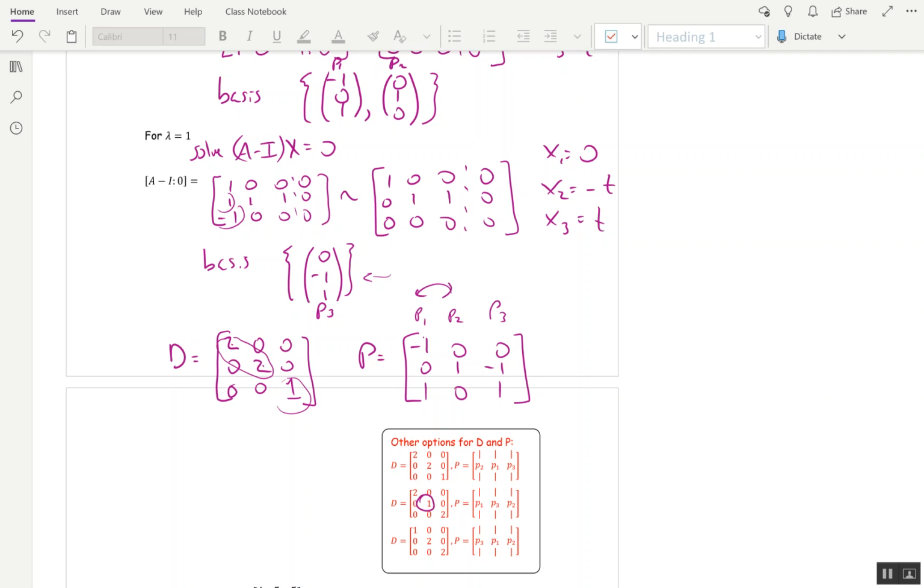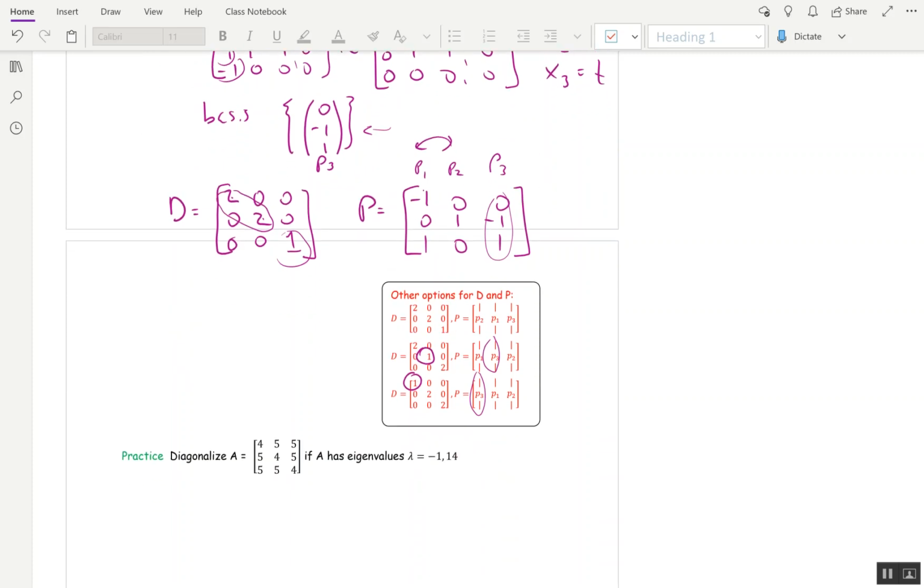It's just I would have to put P3 in as the middle vector. And if I wanted the eigenvalue 1 as my first entry of D, that's fine. I would just have to put the corresponding eigenvector, which is P3, in as the first column of P. I hope that makes sense.